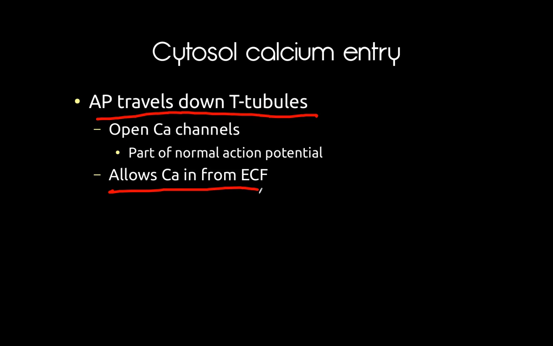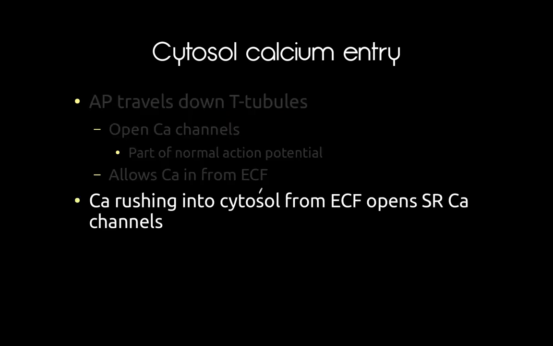So that's how this is slightly different than both of those. I already mentioned this, the calcium rushing into the cytosol from the ECF. We're going to open up the sarcoplasmic reticulum by activation by calcium, not by this mechanical adhering of the calcium channels in the T-tubule to the sarcoplasmic reticulum.